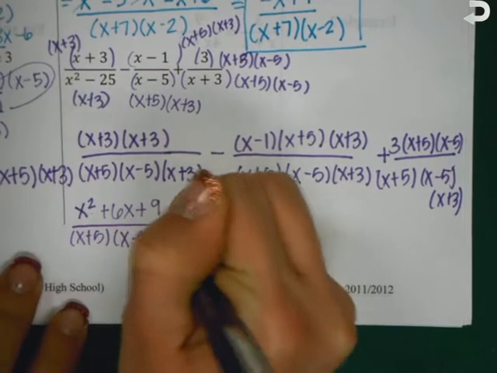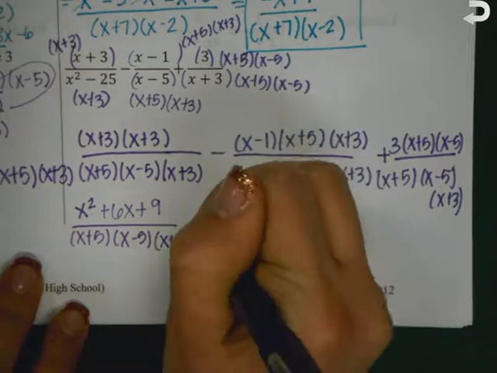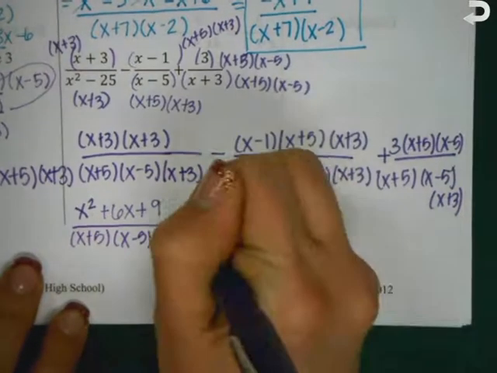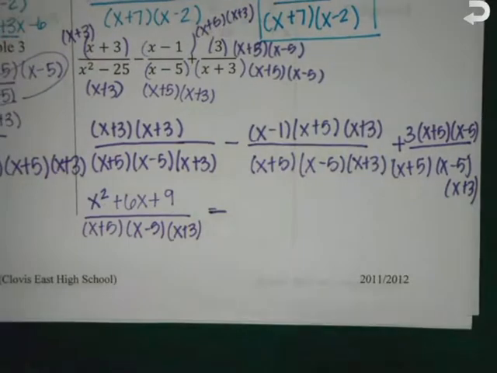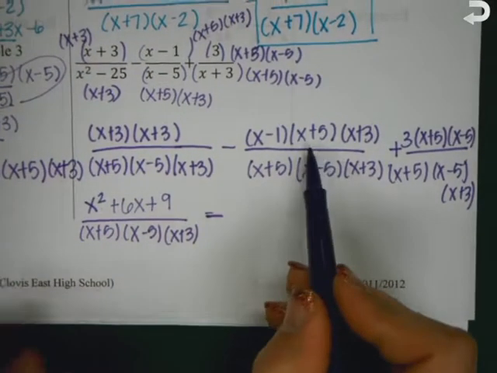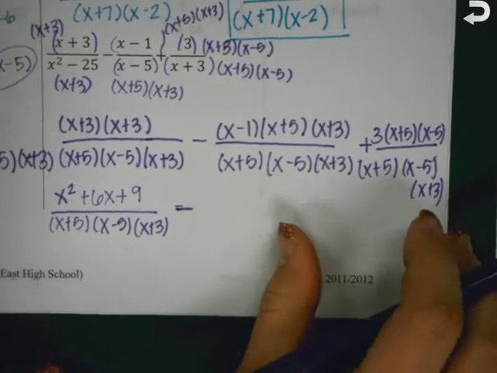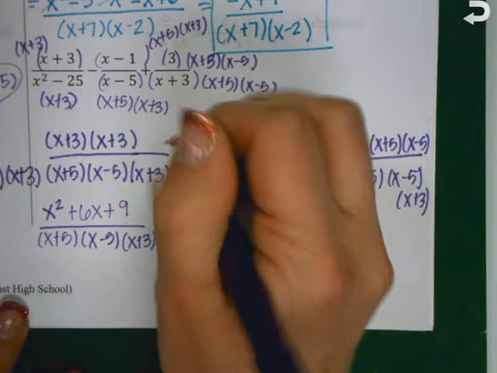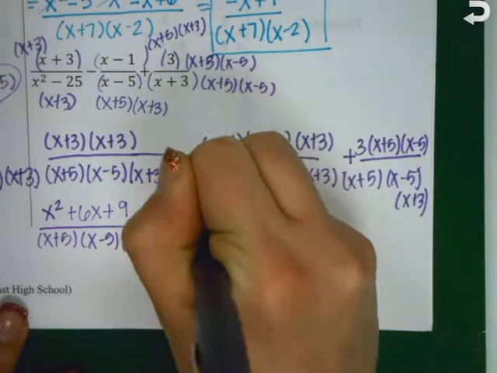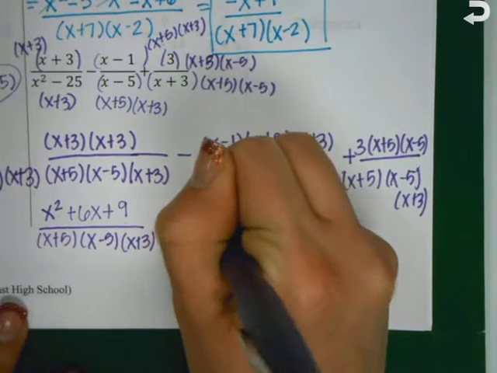minus. We can use box or FOIL on this one. Box might be easier because it's 3 terms. Do you trust me to just take my word for it? Okay. That would be x³ + 7x² + 7x + 15.